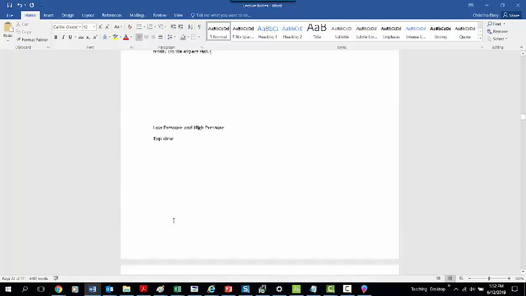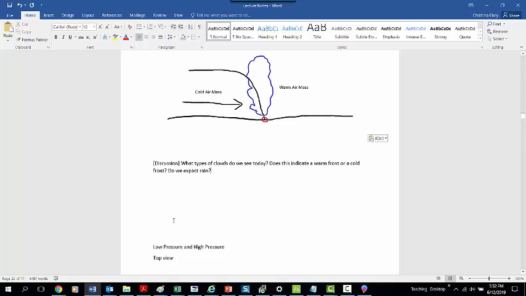Now we went outside, we saw the clouds today. If we saw a warm front, or if a warm front was coming, we would see wide, flat clouds because the front is wide and flat.